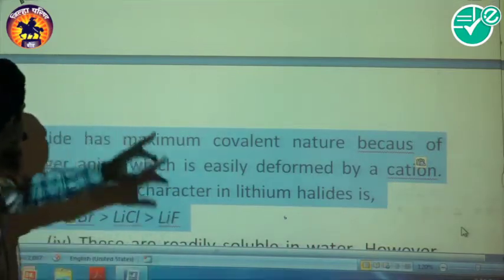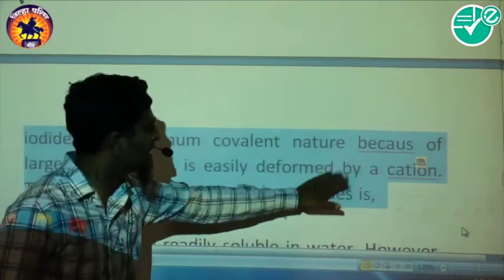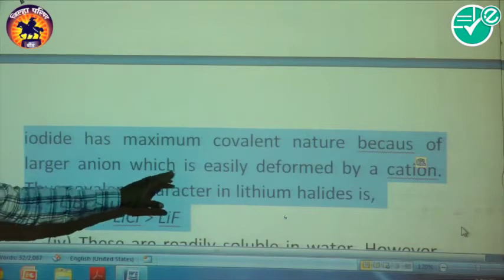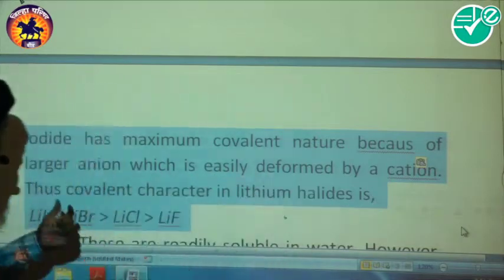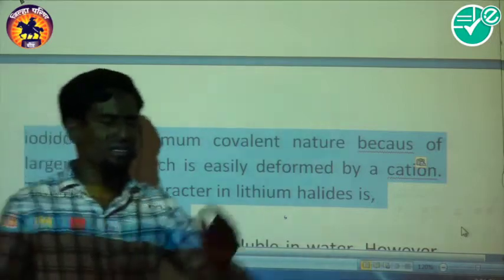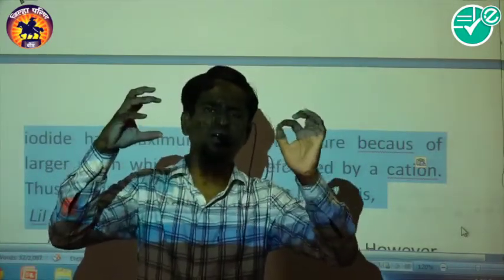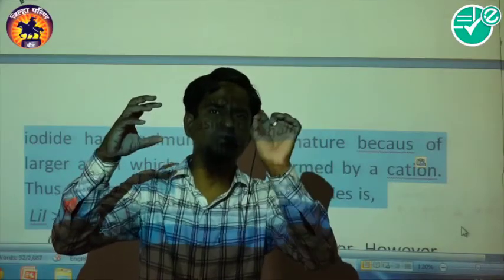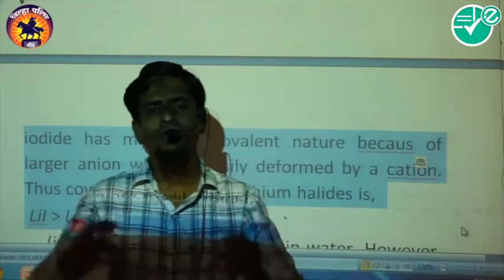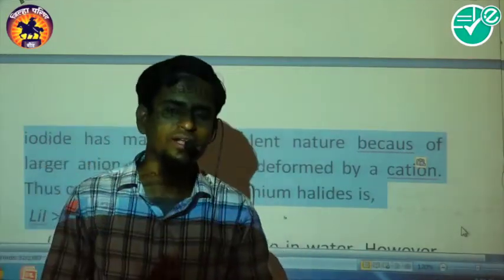So lithium iodide has maximum covalent nature because the larger anion is easily deformed by the cation. Here is lithium, here is iodine, and here is the electron cloud over iodine. This lithium will distort this electron cloud, due to which its ionic character gets disturbed and it becomes covalent in nature.